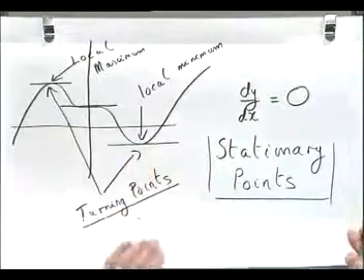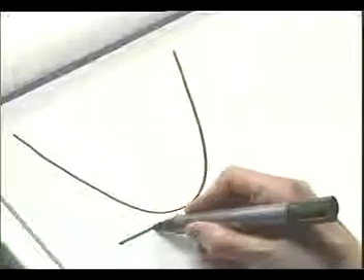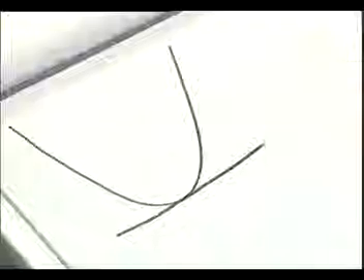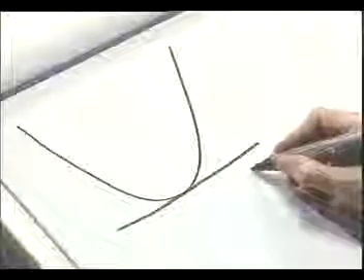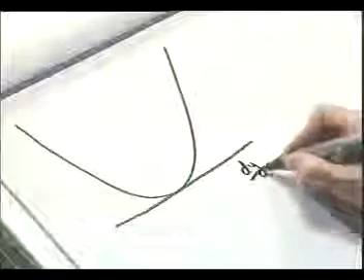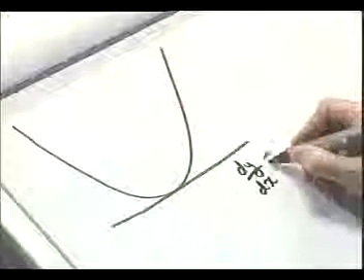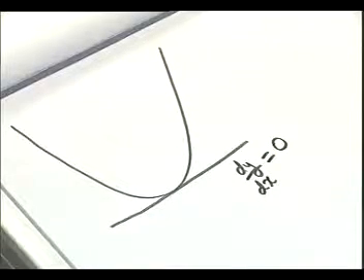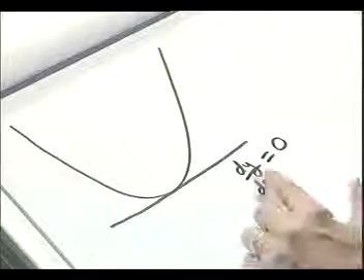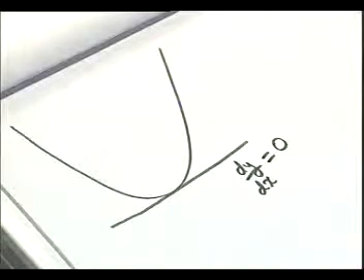So let's begin by exploring what happens around a minimum point. Draw a minimum. Now let's take the tangent at the minimum point. And we know that the gradient of this tangent is 0 because it's parallel to the x-axis. So dy by dx is 0.